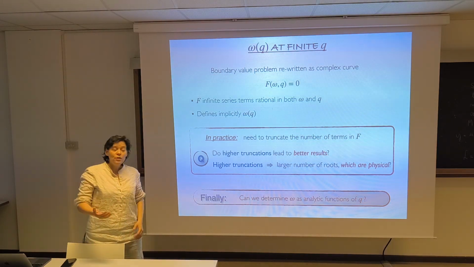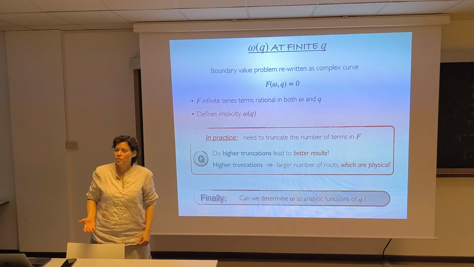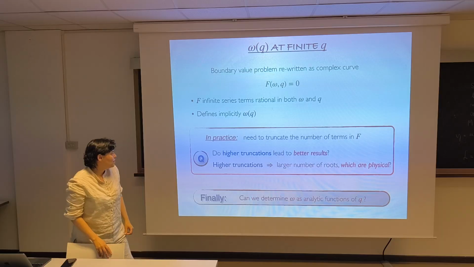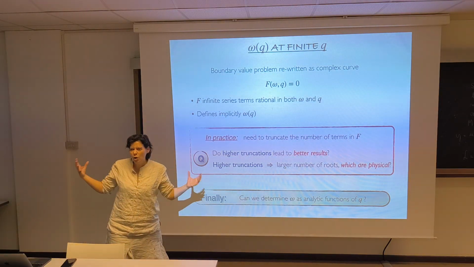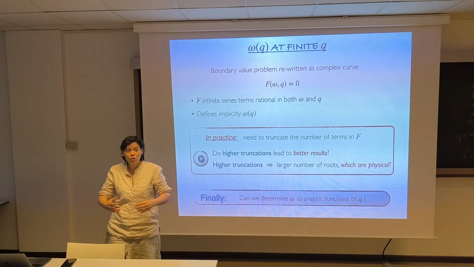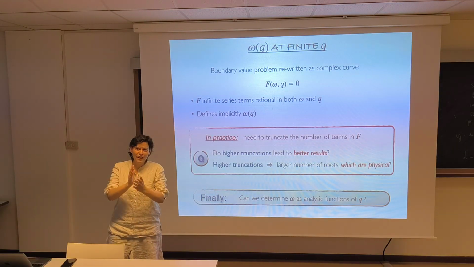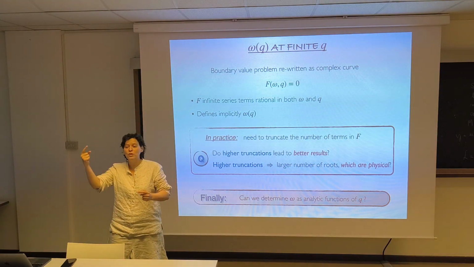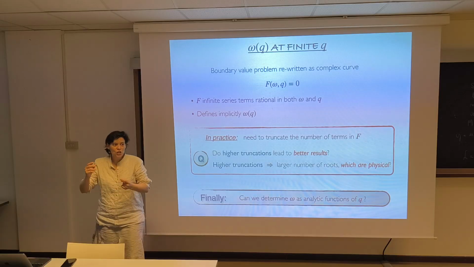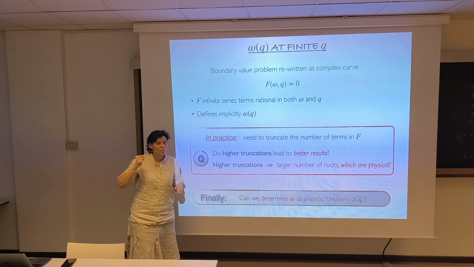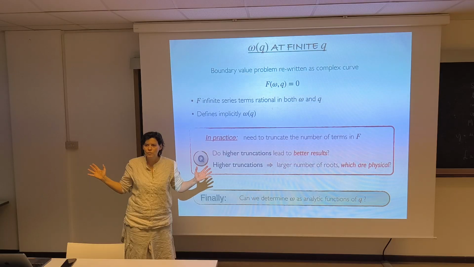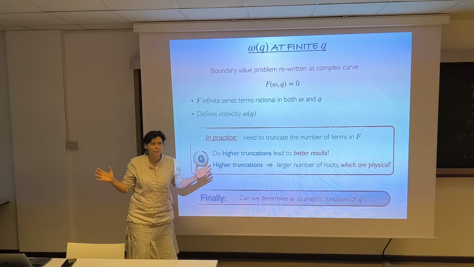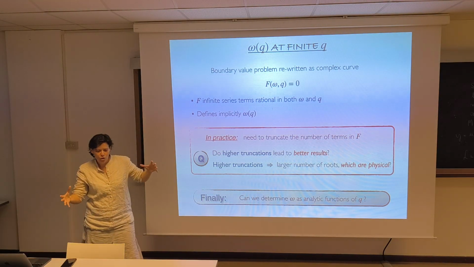But in practice we need to truncate, and natural questions arise. Do higher truncations lead to better results? Clearly, if you have a higher truncation, that means you have a higher polynomial to solve, with a lot more terms. And it's not like you get another truncation and it's one more term. Typically, you get another truncation, you might get another overtone, but then you have a lot of spurious zeros of that polynomial.